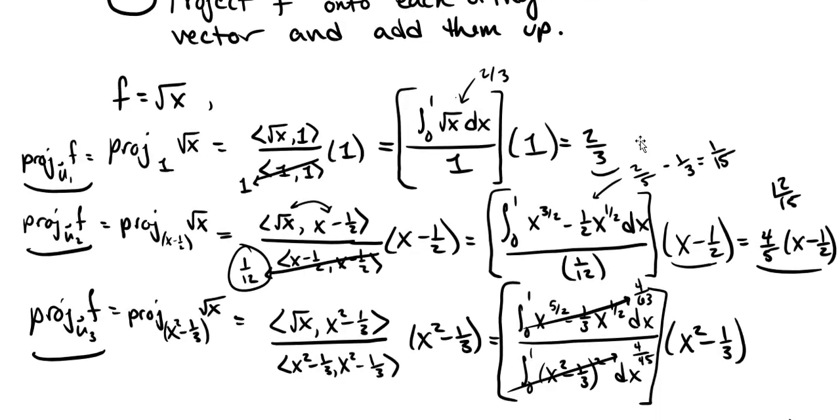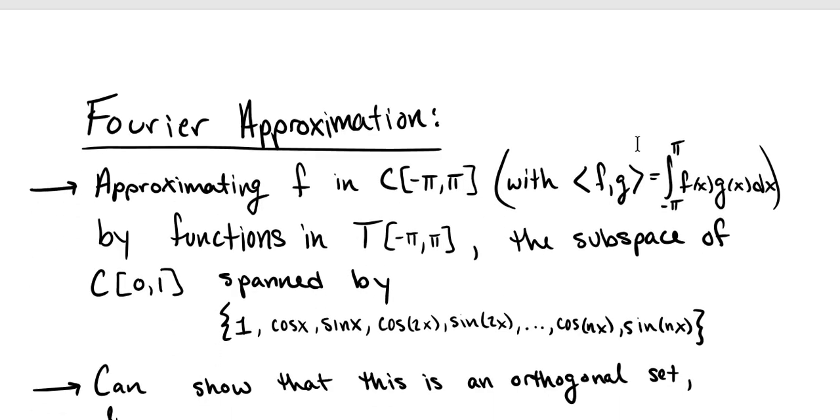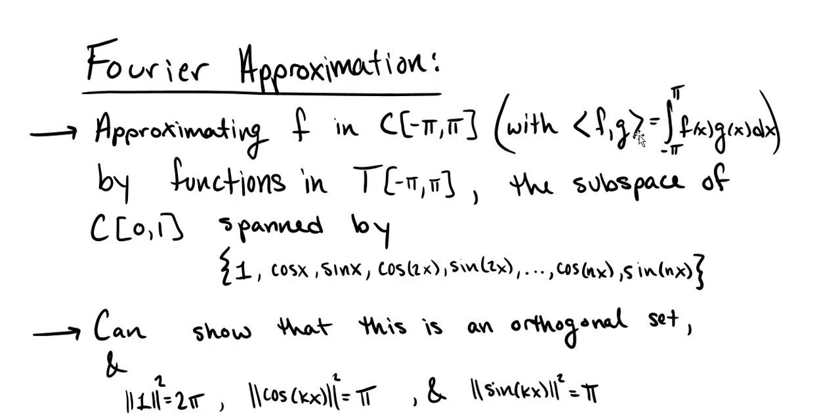So, past this example, let's just wrap up this section with an explanation of Fourier approximation, which is a similar idea just with a different basis, a different subspace that we want to project onto.